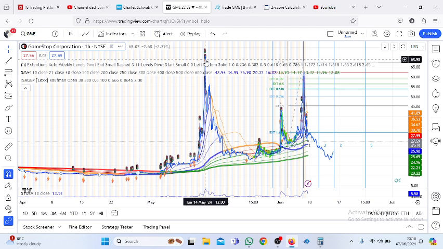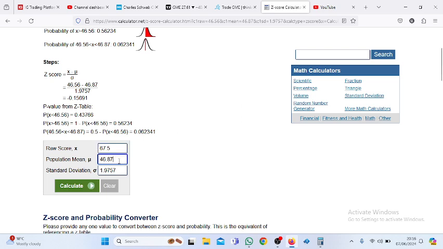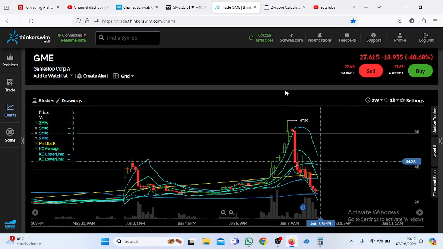We're just doing anything we like here. We enter 68.98 here as the moving average. And then we have 67.5. That was where it was rejected.